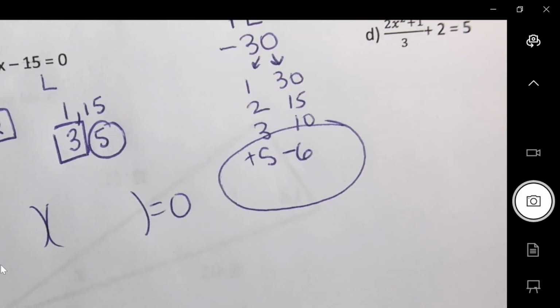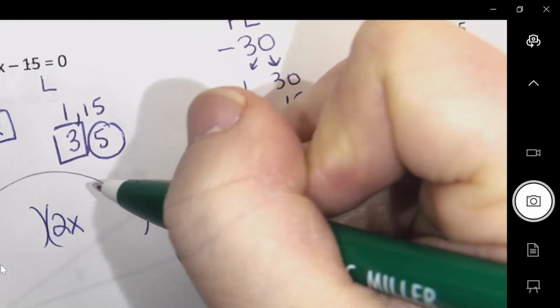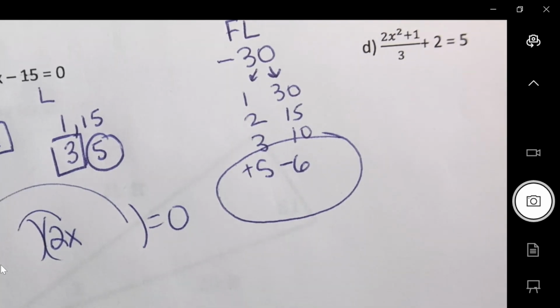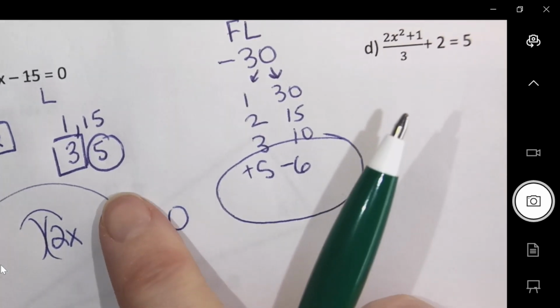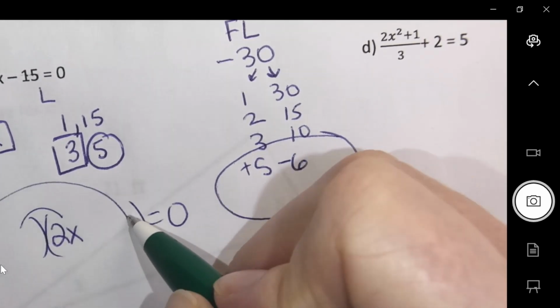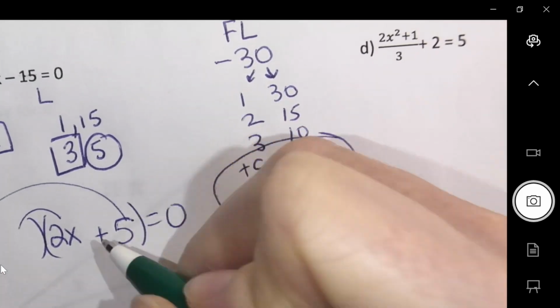Now I'm going to start my brackets, so I'm going to put 1x and 2x in there. Then I'm going to draw my 2 rainbows. I already marked this down. I wanted the 1x to go with a 5. So I make sure they're connected on a rainbow with a plus.